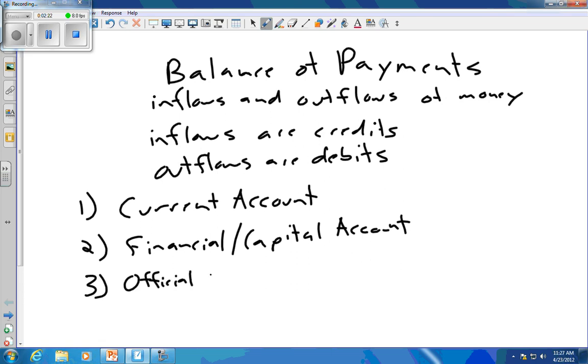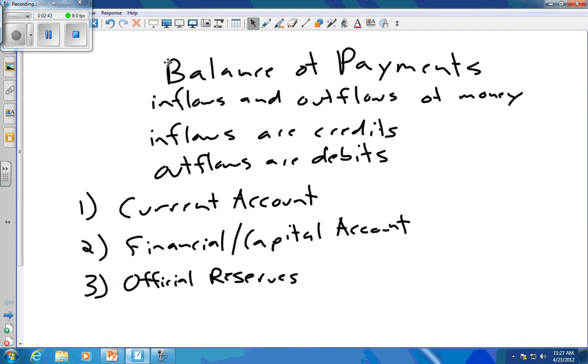I'll talk about that very briefly. The official reserves tends not even to be used so much on the AP exam, but you just need to know that it exists. It's the way central banks balance the balance of payments if they don't balance out or self-correct on their own.